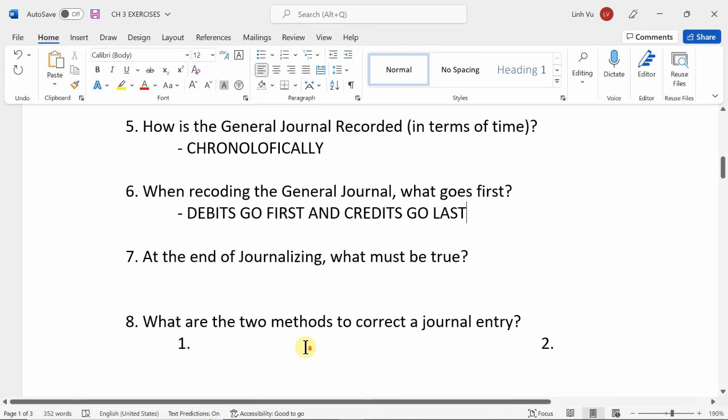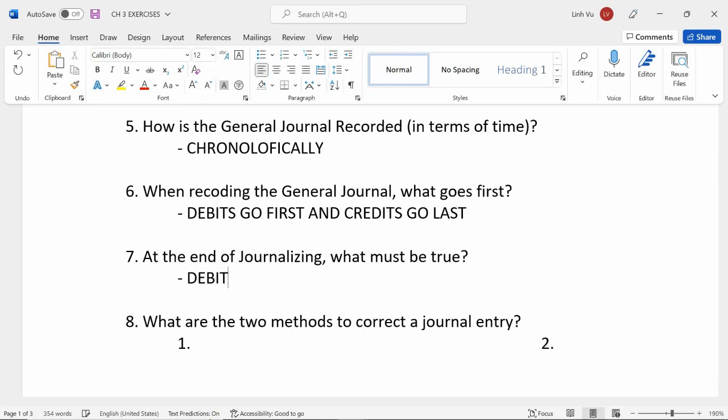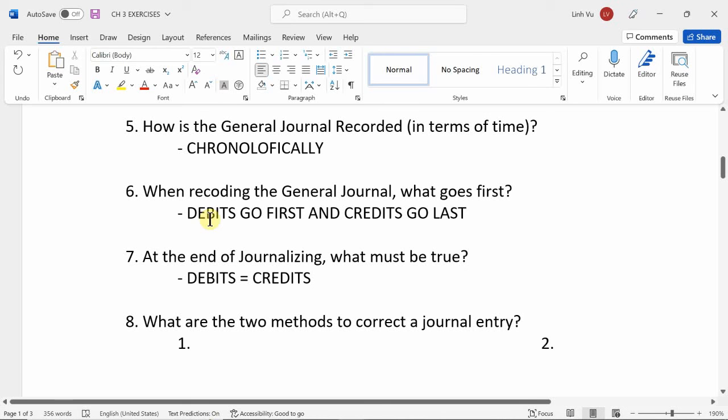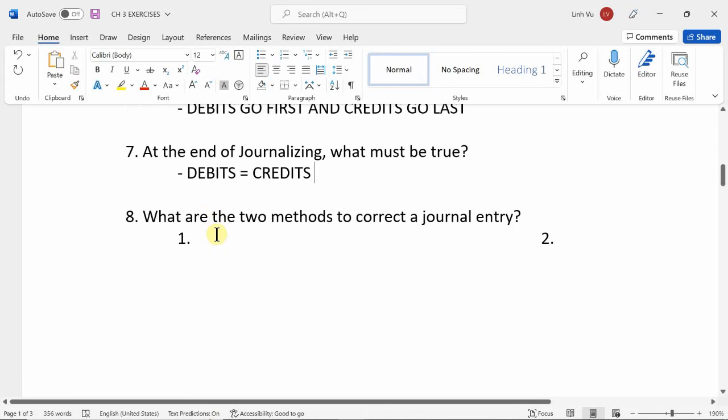Number 7, at the end of journalizing, what must be true? Your debits and credits should match. Yes, debits equal your credits. That's correct. Number 8, what are the 2 methods of correcting journal entries?